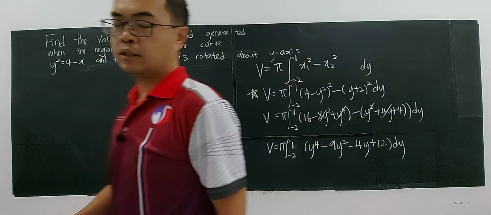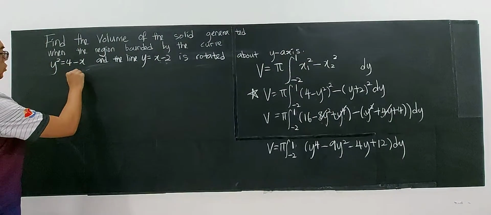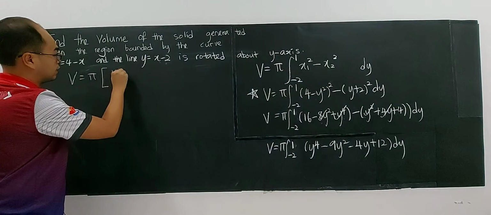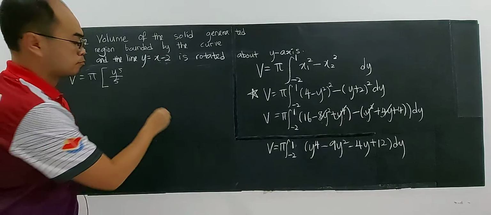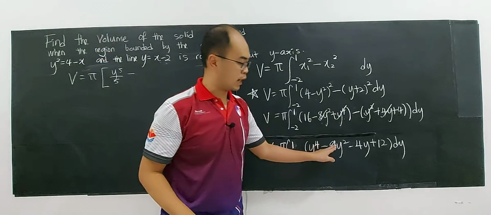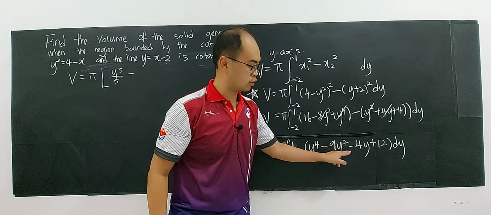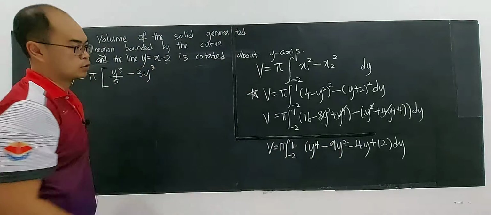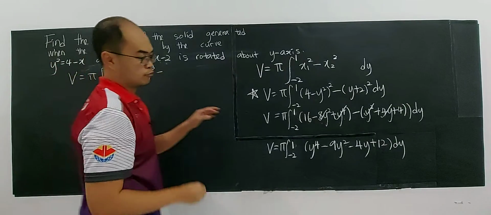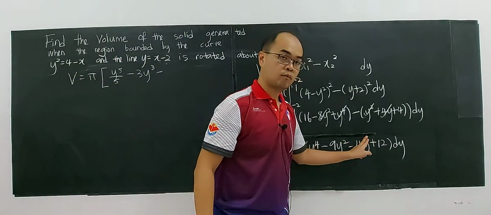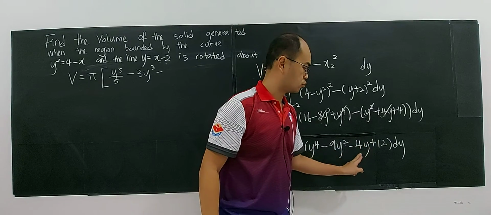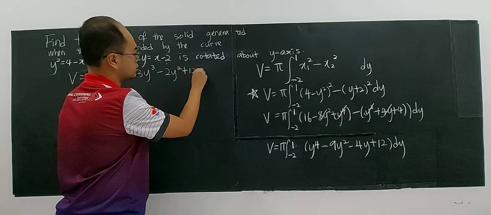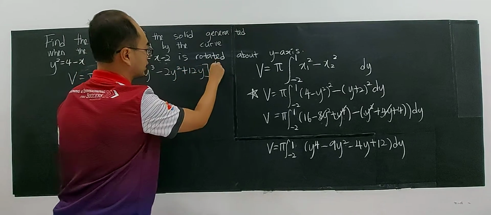Integrating this, the volume will be pi times y to the power of 5 over 5, minus 9y cubed, integrated you get cube divided by 3, so 3y cubed, followed by negative 4y, integrating y squared over 2, so you get negative 2y squared, followed by positive 12y, everything from negative 2 up to 1.